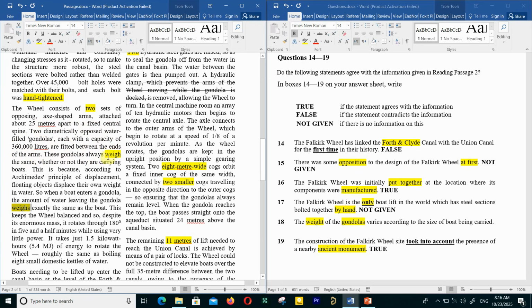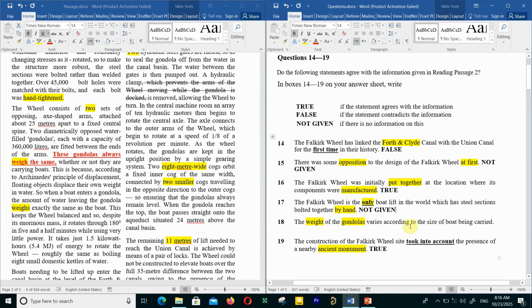These gondolas always weigh the same. So this is what we look for. Here it says that the weight of the gondolas varies according to the size. So the answer for this question is False, of course.